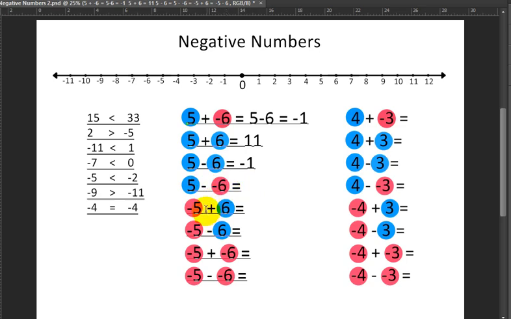And this is where rule number 2 comes in. Rule number 2 stated that subtracting a negative was the same as adding its positive. So 5 minus minus 6 is going to become 5 plus 6. And 5 plus 6 is 11.